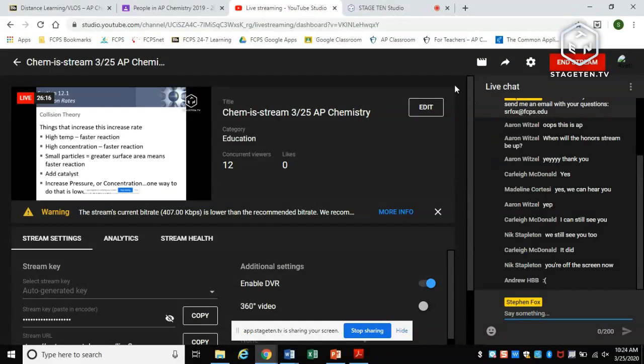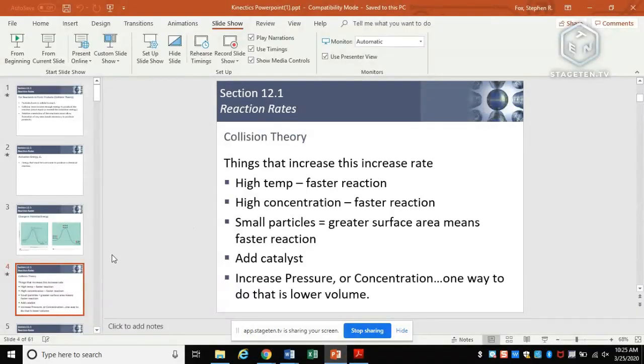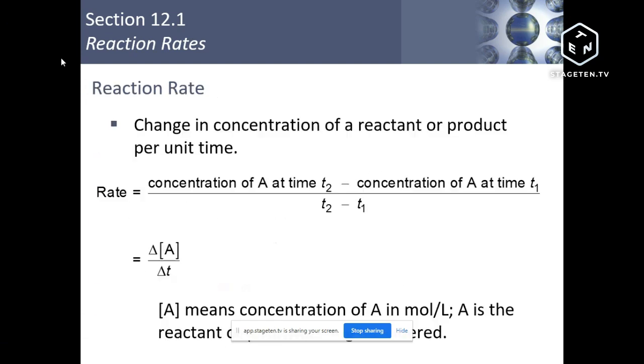Just checking. Okay, so let's get into rates. How do we study rates of reaction? How fast a reaction takes place? Probably the most common way to measure how fast a reaction takes place is to measure the concentration of one of the things in the reaction over time.